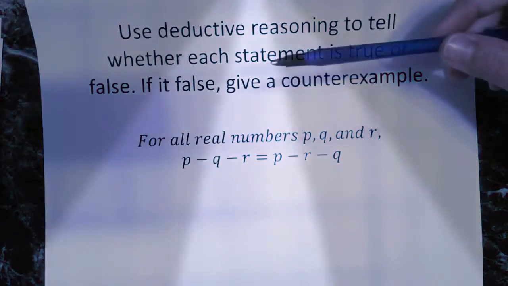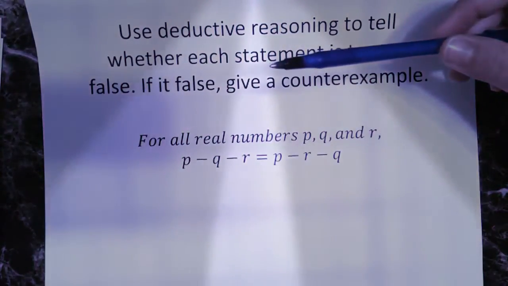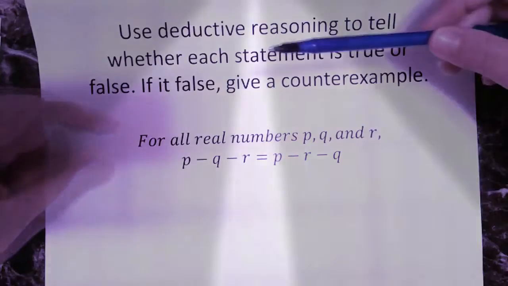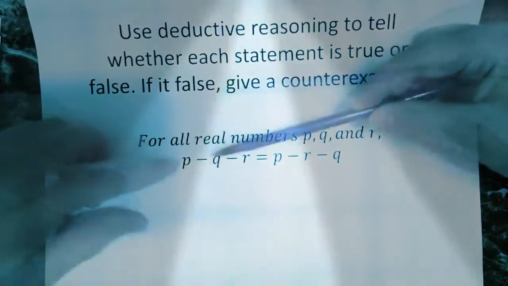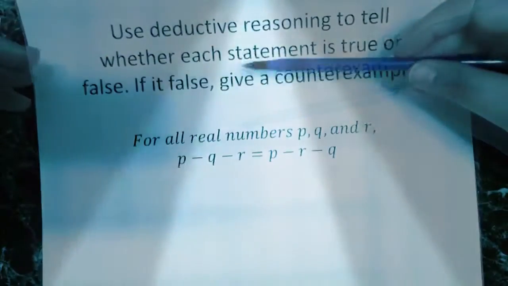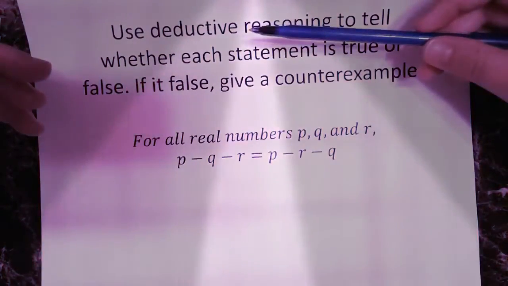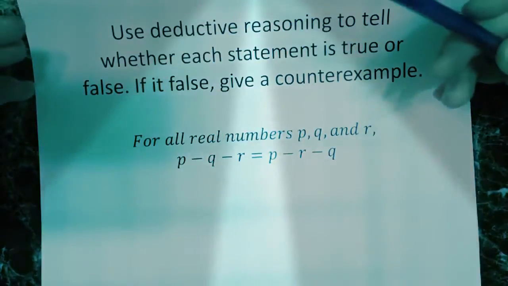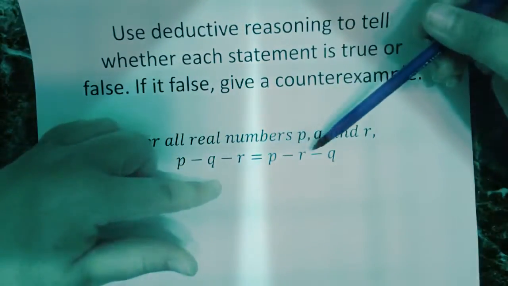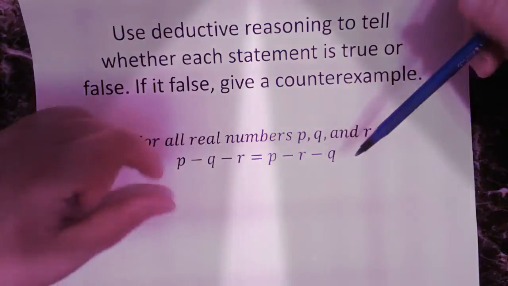Use deductive reasoning to tell whether each statement is true or false. If false, give a counterexample. All right. So this is dealing with subtraction. I don't really like subtraction. I really don't. I like addition. So could I change this to addition? Yeah, I could.